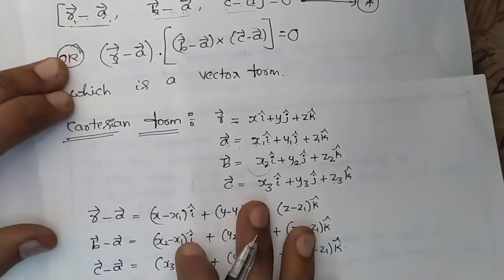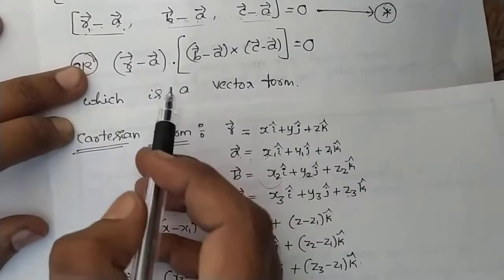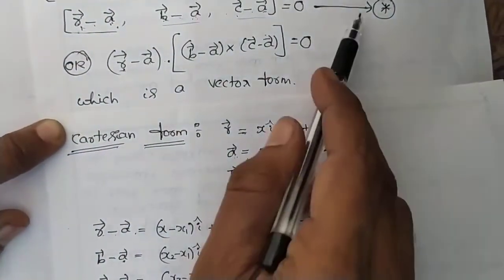Here we have R minus A, B minus A and C minus A. Let us substitute these in equation star.